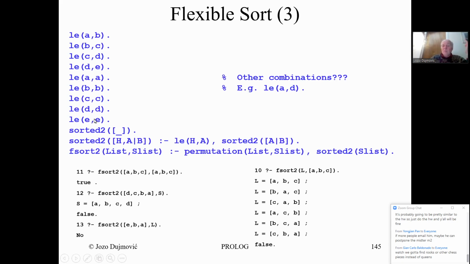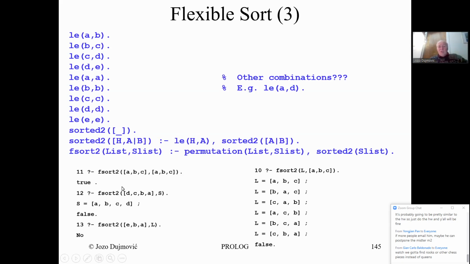So now I want to sort A, B, C and get the sorted list A, B, C. So here is the same program that sorts a single element by saying it is sorted, and then exactly the same program that we had before, except that now we have less than or equal to here. So we try to find this solution.